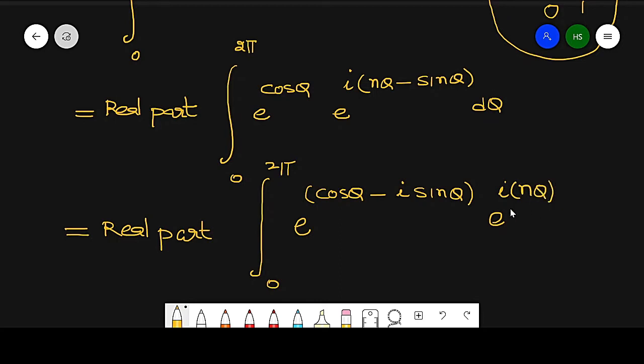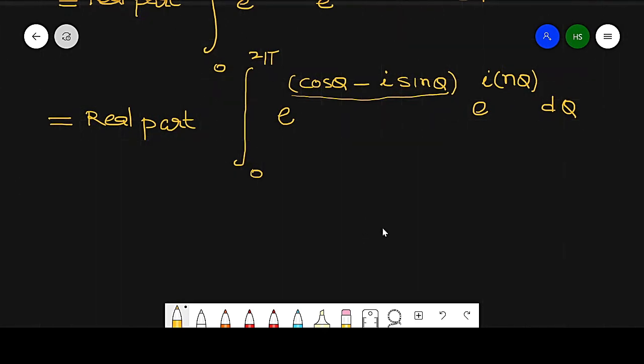I am taking this because this type is in the form of z. So what is z? z is equal to e raised to power iota theta. So I am forming it this way. Basically it is 1 by z. So this is cos theta minus iota sine theta, and this is iota n theta.